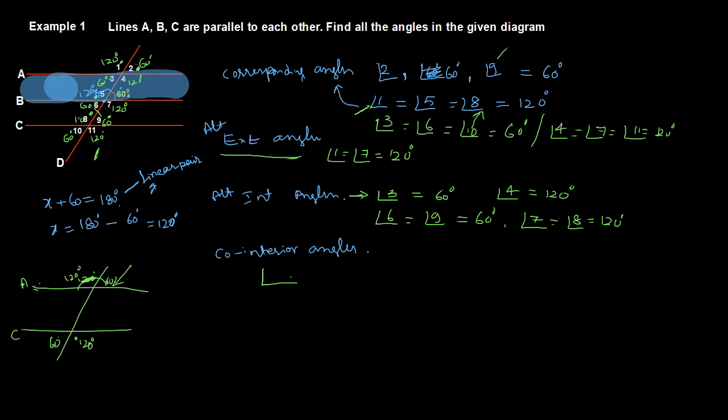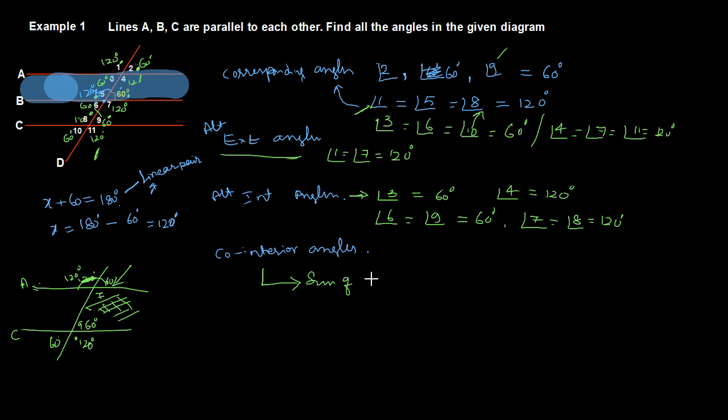Let's go back to co-interior angles. Angles 6, 7 and 9. Let's take just 7 and 9. We knew from the corresponding angle that we took this as 60. The condition says if they are parallel lines, the sum of co-interior angles on only one side, which is that side.